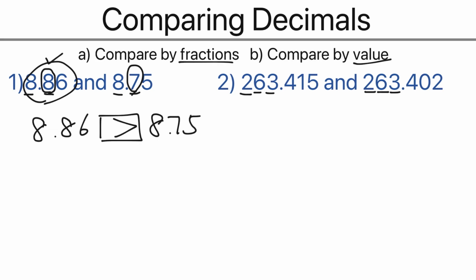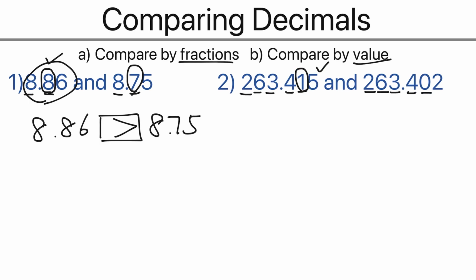Again, they're the same, so we move on to the tenths value of 4, and they're still the same. So we move on to the next one, which is the hundredths value. The first one is 1, and the second one is 0, and 1 is greater than 0.